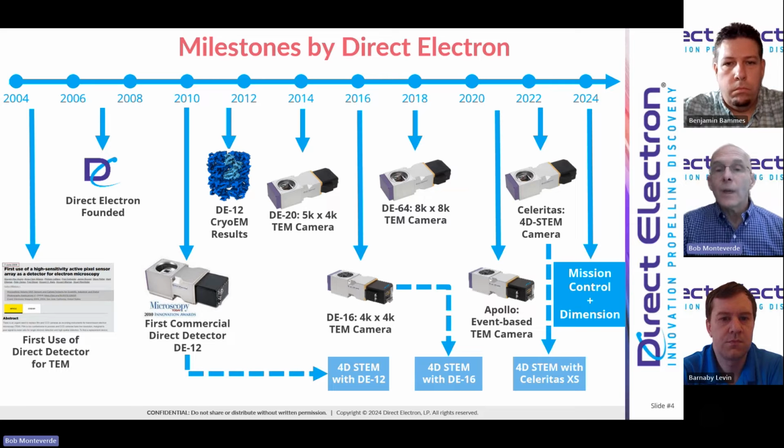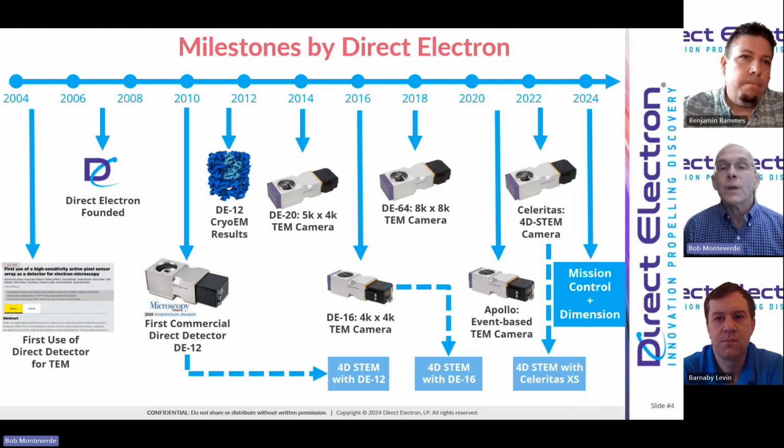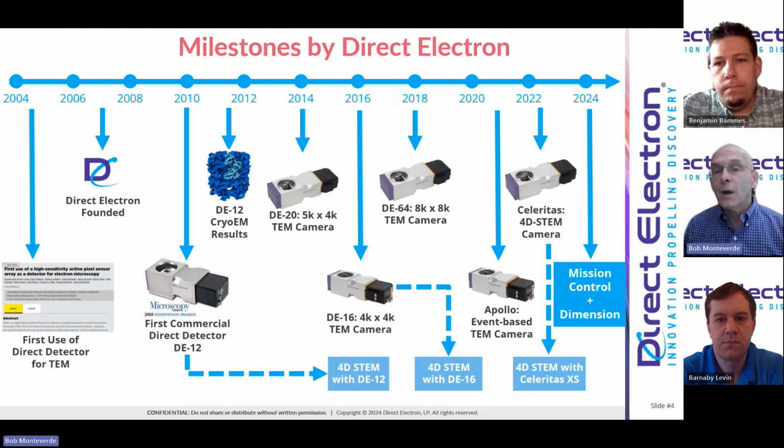Then following that, with the introduction of our DE16, we had additional customers using our DE16 for 4D STEM. And then a couple of years ago, we introduced our purpose-built camera for 4D STEM, the Celeritas and Celeritas XS. And we've had numerous users publishing very impressive, impactful papers on 4D STEM with our Celeritas product.